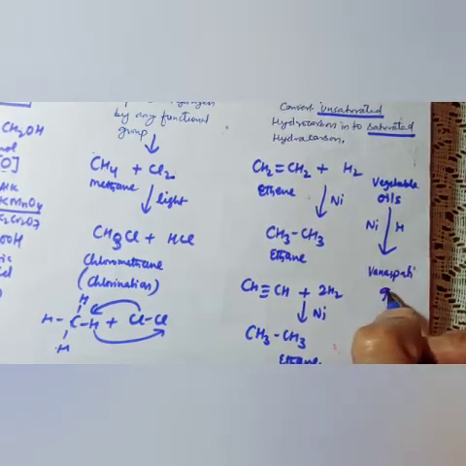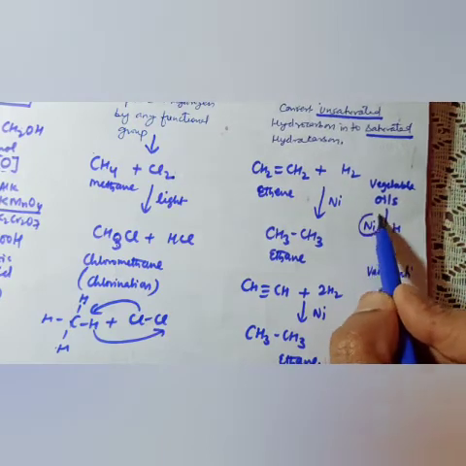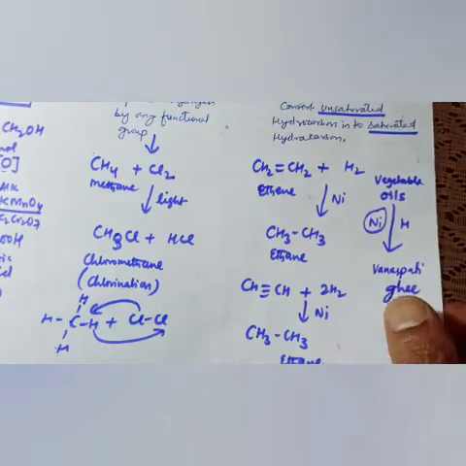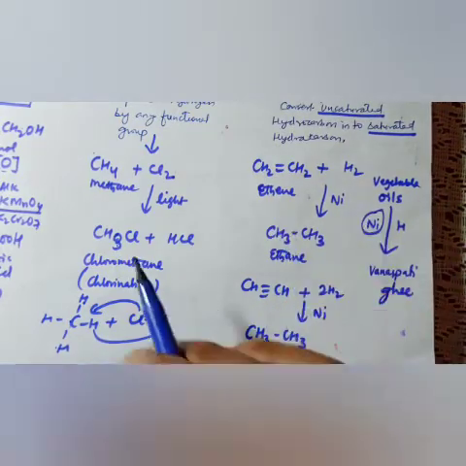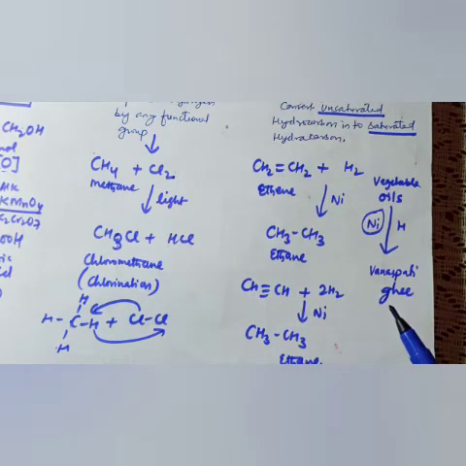And this question is coming many times: how can we convert vegetable oil into Banaspati ghee in the presence of a catalyst, that is nickel, by the hydrogenation process, by the addition process. Okay, so with this we can convert double bonded, triple bonded carbon compounds into single bonded carbon compounds.